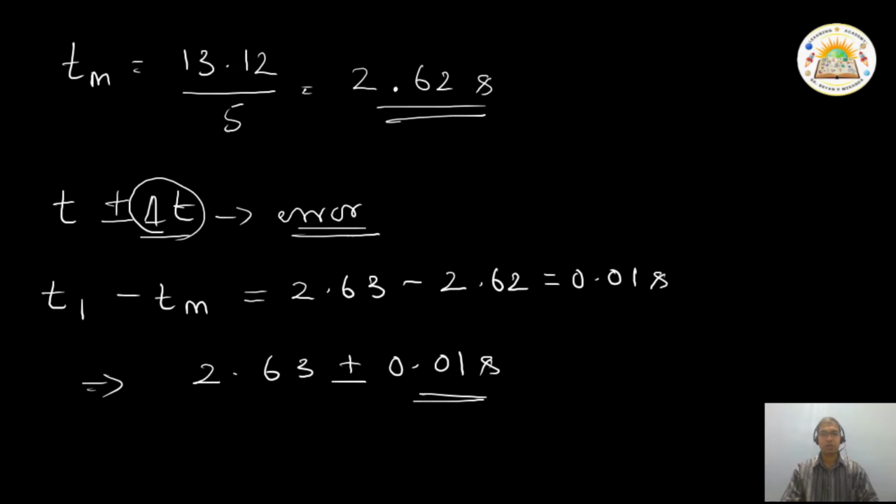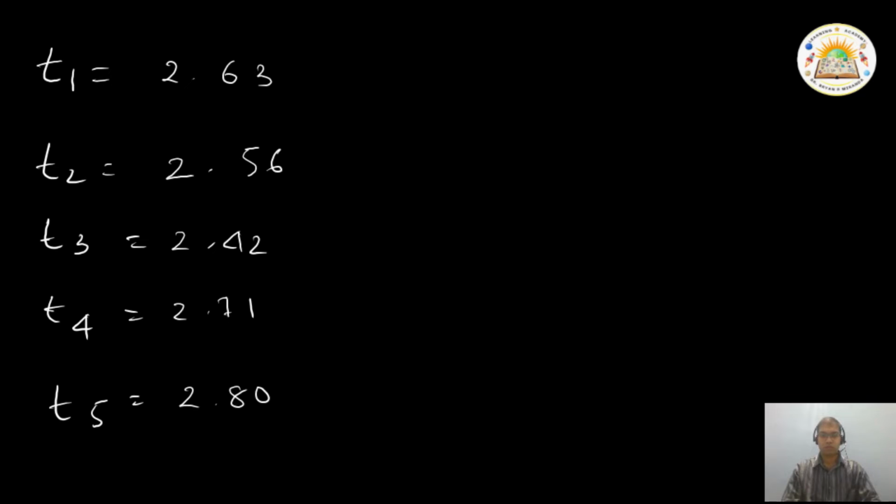Similarly, we will have to calculate the errors in all the values, that is starting from T1, T2, T3, T4 and T5, minus 2.62. So very crudely we can say that we can find the plus minus error.